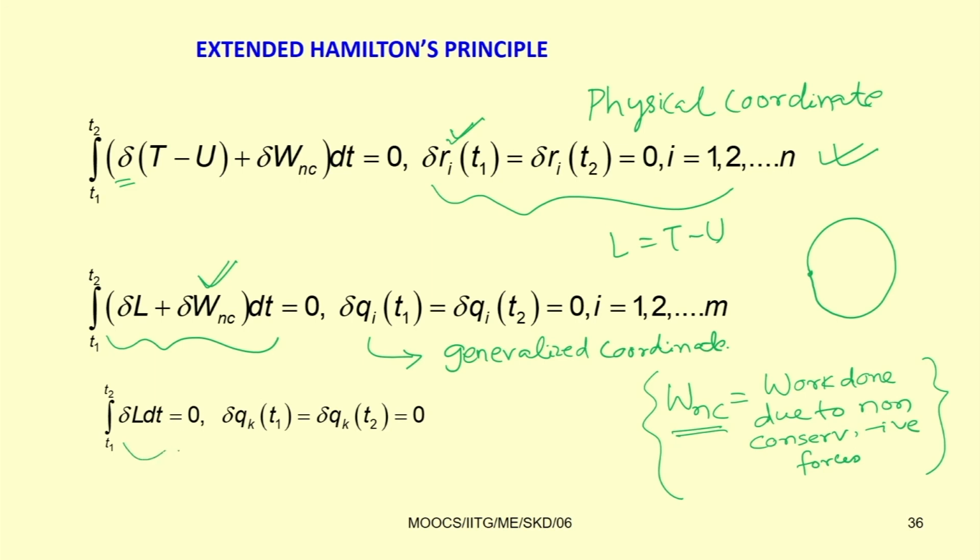This equation is known as Hamilton's principle. The extended Hamilton principle extends it by including the non-conservative work done due to non-conservative force. When this non-conservative force is 0, the extended Hamilton principle reduces to Hamilton's principle.